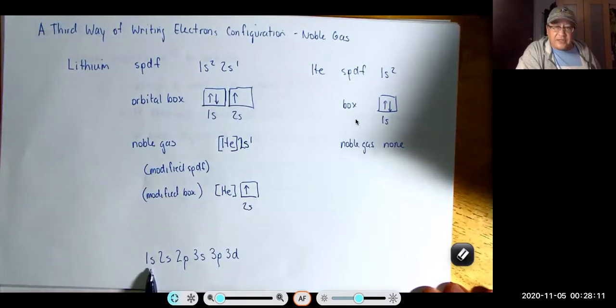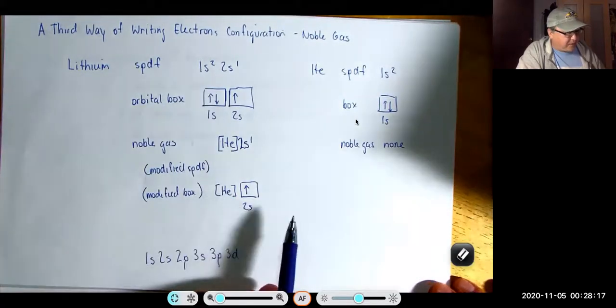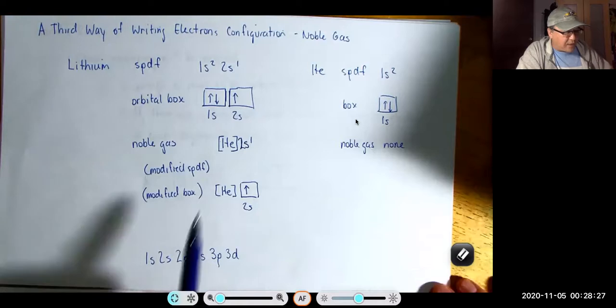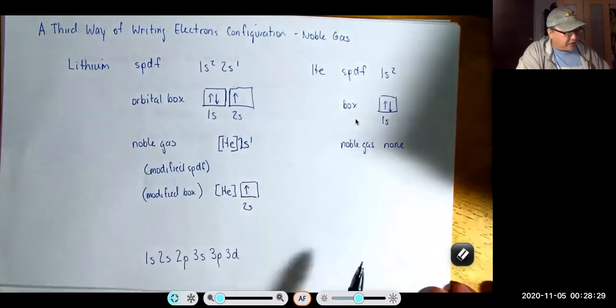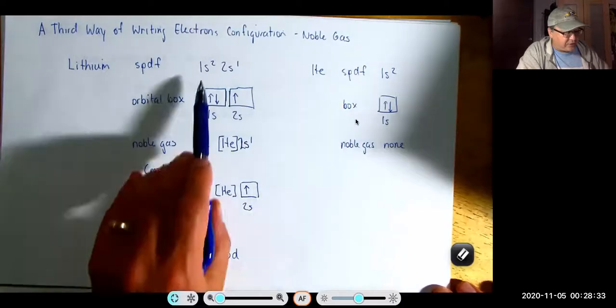Now the 1s subshell has 1 orbital and therefore we can only put 2 electrons in it. So 1s2 is what we get. Once we've filled that subshell, we move on to the next subshell. The next subshell is the 2s, and for lithium, since we have a 3rd electron, we put 1 electron into the 2s. So this is called the SPDF notation for lithium, 1s2, 2s1.